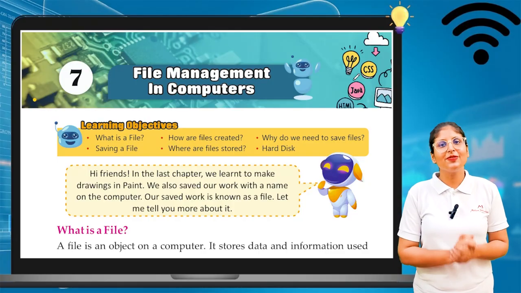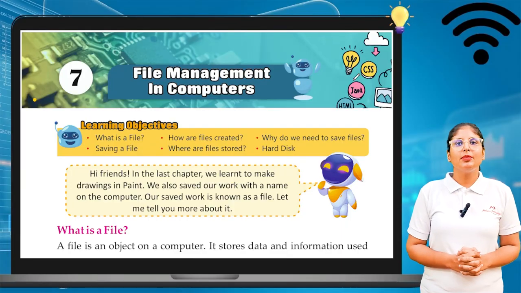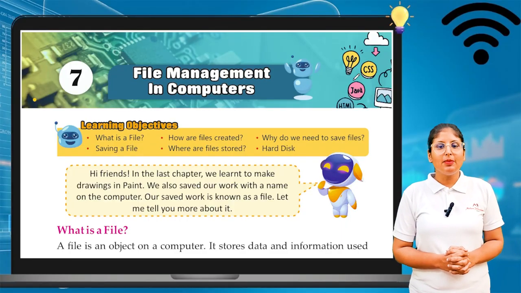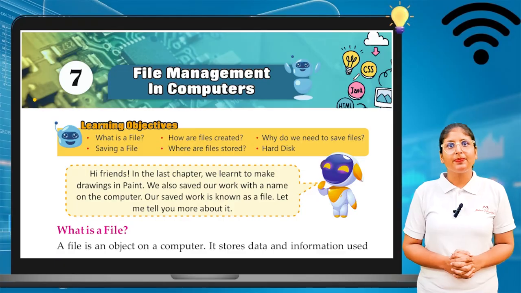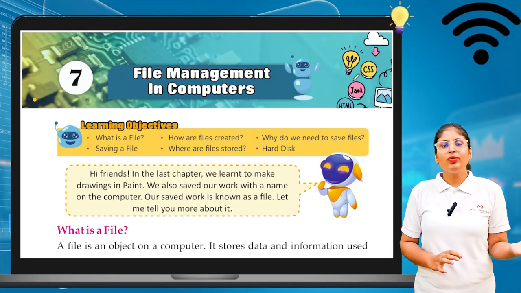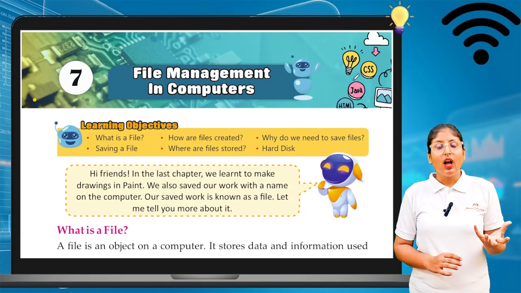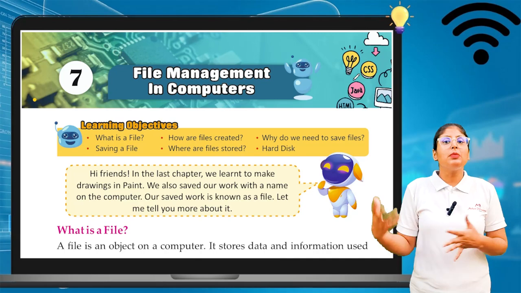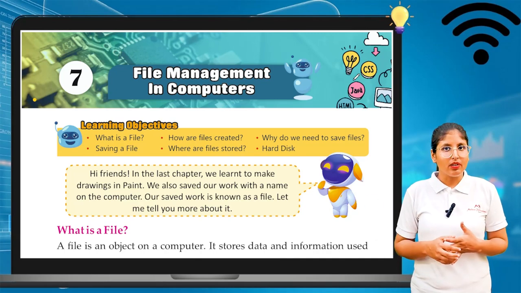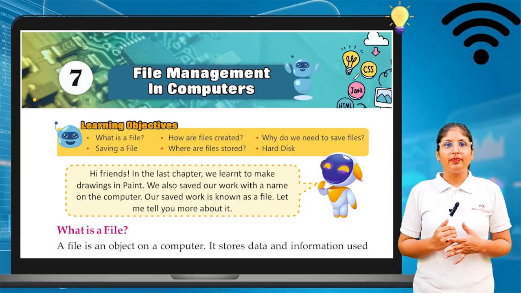In this class we will move on to chapter number 7 of your book, and the name of the chapter is File Management in Computer. File management in computer means, first we will see what a file is, how we can create a file, and how file management works on the computer to manage all your files.